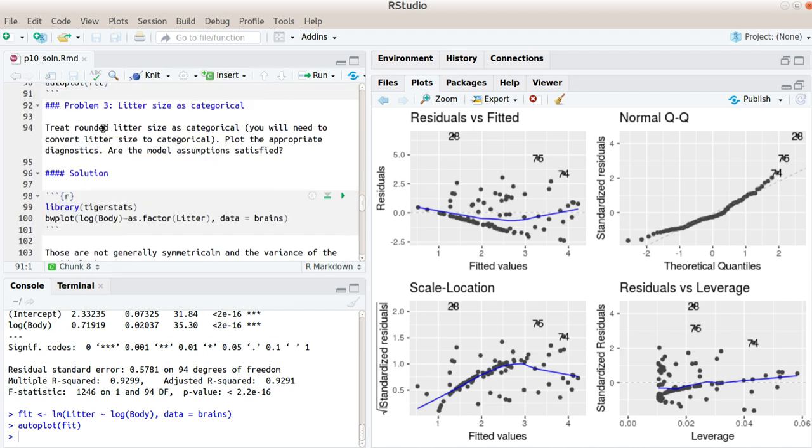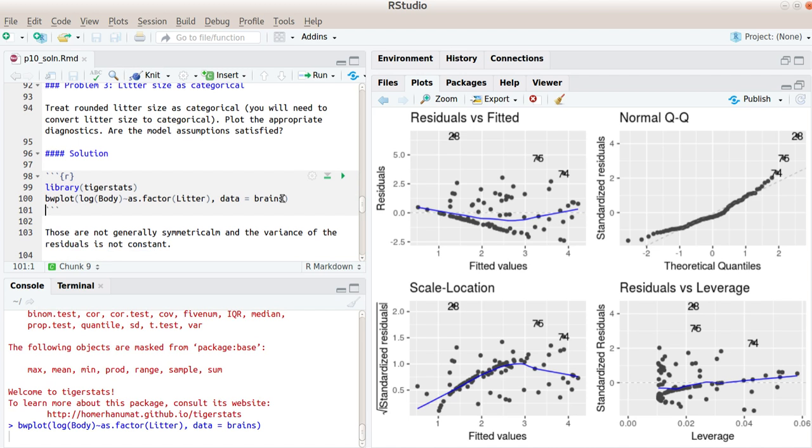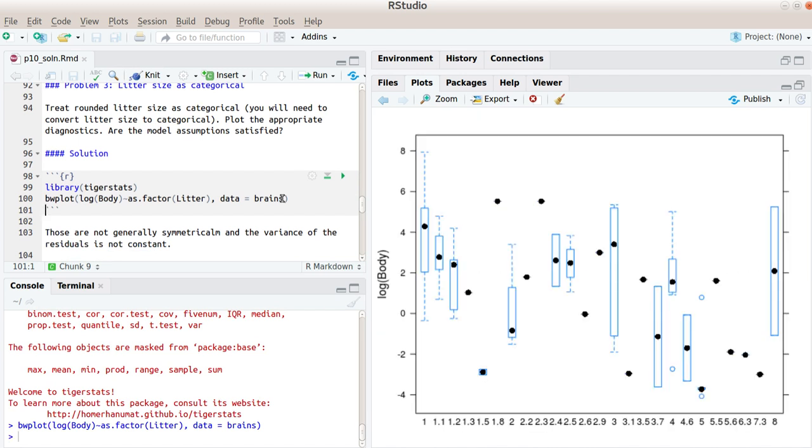Okay, here we're treating the litter size as categorical instead. To check the assumptions here, we would do a box plot. What we want is for all those box plots to be about the same width, right?